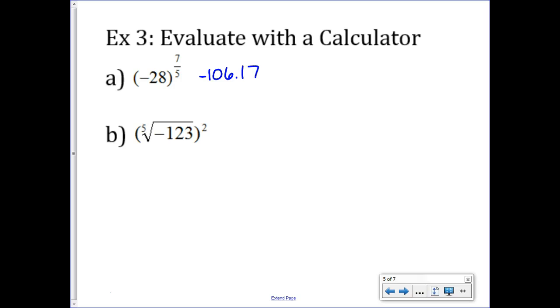And then for B, I get about 6.85. If you want, you could have changed this to negative 123 and done caret key 2/5, if that's easier for you to write it like that. You also can go into math and use that button to get the 5th root in there.